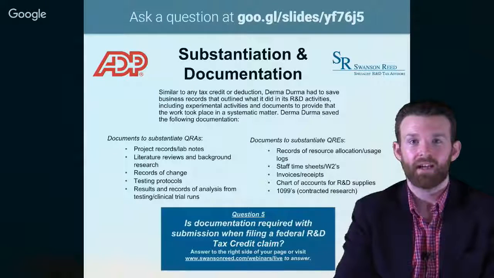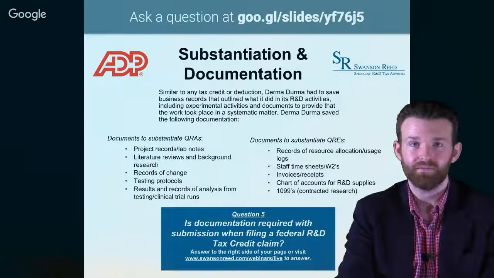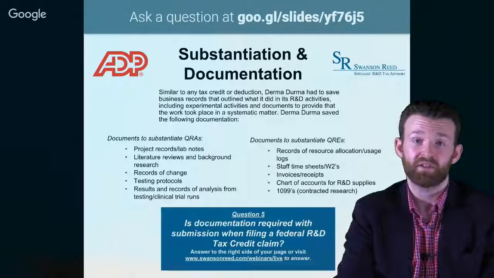All right, so similar to any tax credit or deduction, Derma had to save business records to substantiate their R&D claim by outlining what it did in its R&D activities, including experimental activities and documents to prove that the work took place in a systematic manner. So Derma saved the following documentation to substantiate its qualifying research activities, those being project records, including things like lab notes, literature reviews and background research, records of change, testing protocols, results and records of analysis during testing, including preclinical and clinical trials.